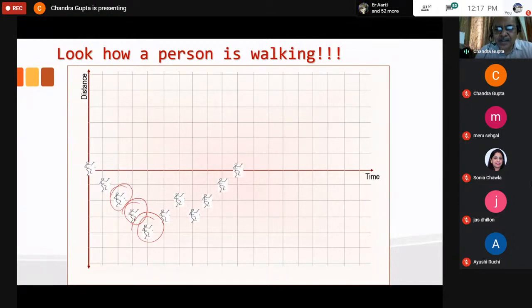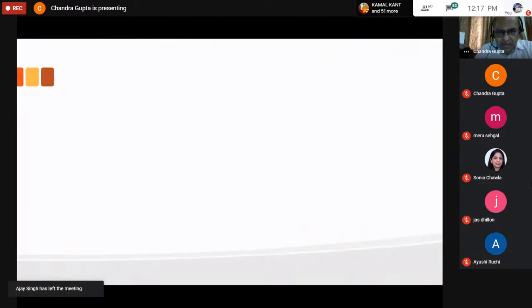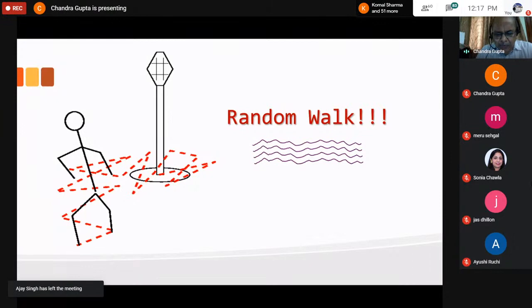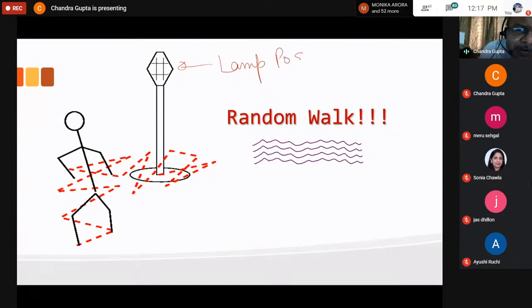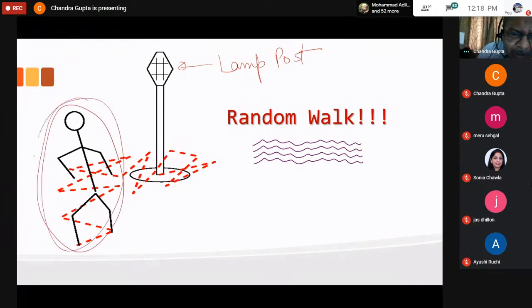That means this person is having a random walk, because you do not know where his next position will be. The classical example in the literature is a lamppost and a drunkard moving around it in a zigzag, random manner. The walk taken by this person can be termed a random walk.